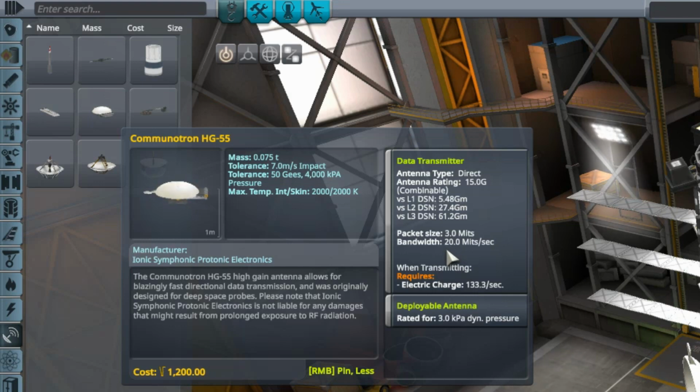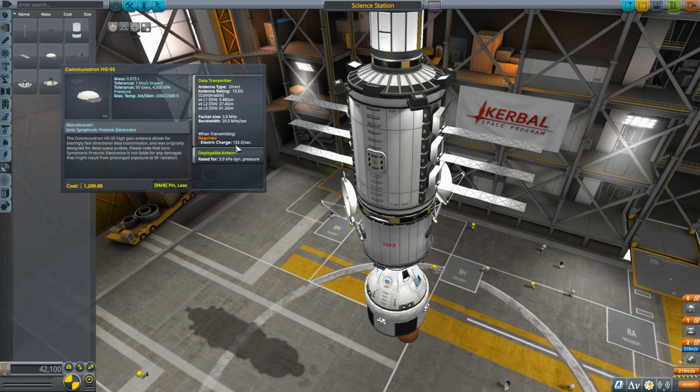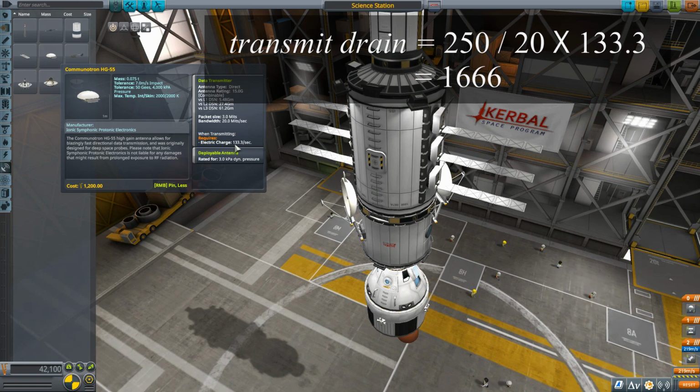So we take our 250, divide it by 20 to get how many seconds it's going to take to transmit. Despite the fact that we have 2 antennas, it's still going to cost us 133.3 units of electric charge per second in order to transmit that. So we take the result from the 250 divided by 20, multiply that by 133.3 to get 1,666.25 units of electric charge to transmit that science.